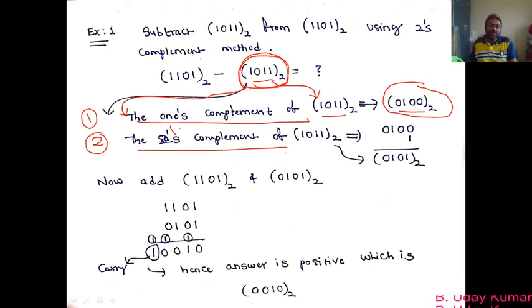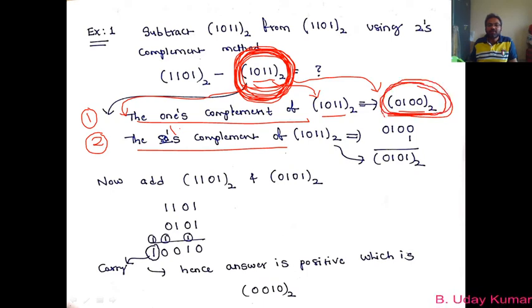In our earlier topic, we found the ones complement of 1011, but here we are finding the twos complement of 1011. To find it, first you have to write the ones complement and then add 1. That is what we are doing. We have written the ones complement, and the answer that we got was 0100.